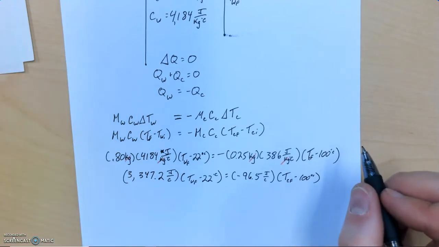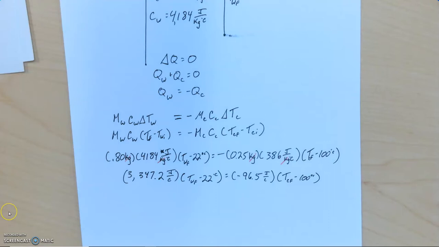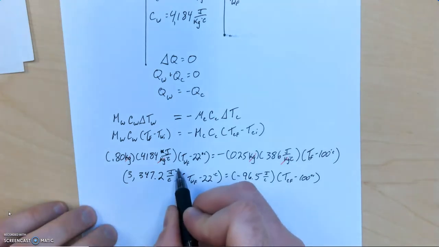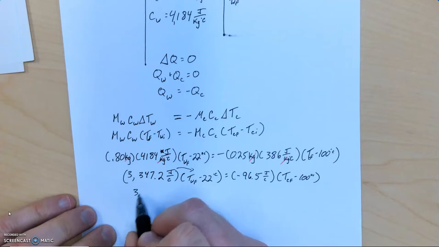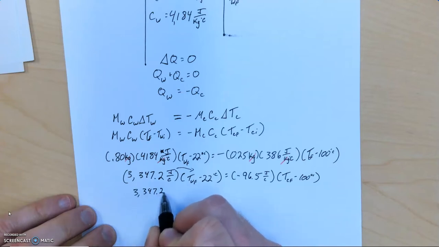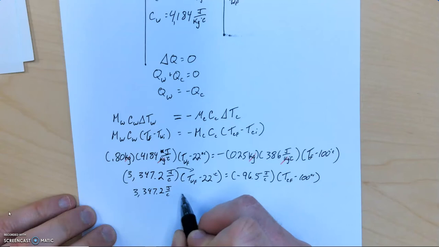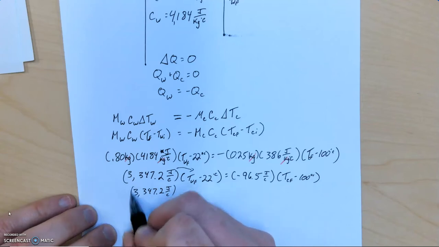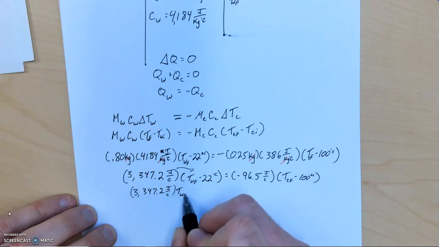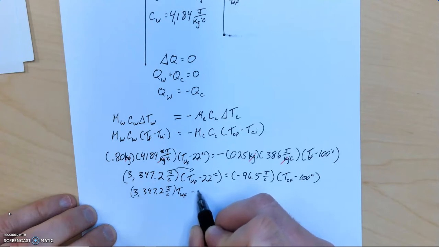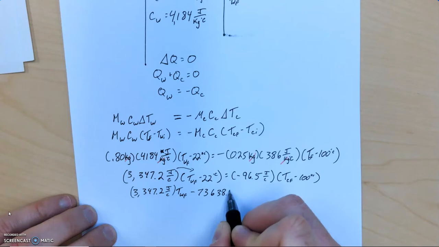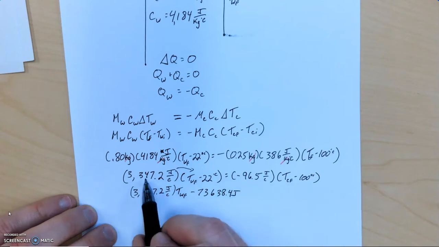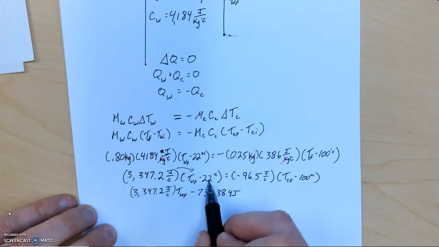And then what do you have to do next? We're going to distribute this across. So we're going to get 347.2 joules per Celsius times the final temperature of the water minus 73,638.4 joules. So I multiplied that times 22.